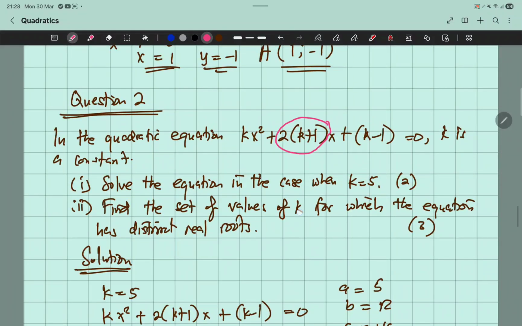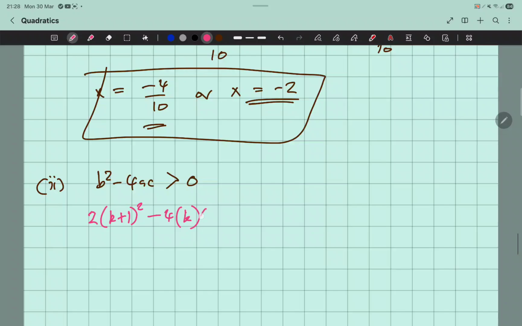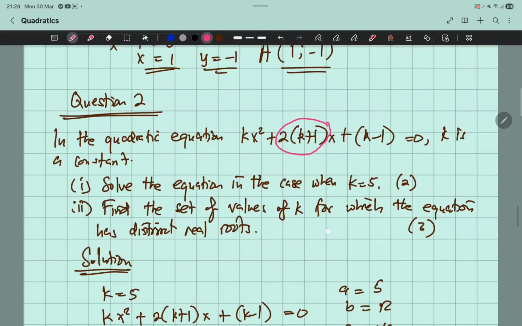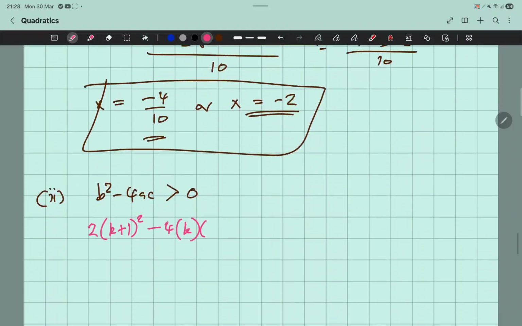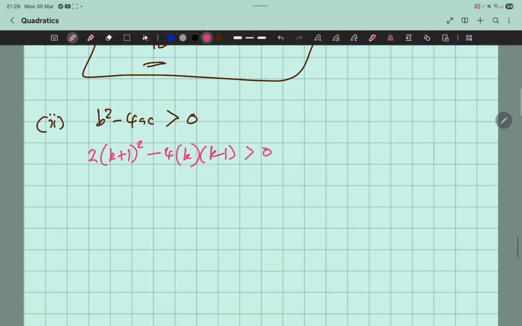What is our a? Our a is k. Our c is k minus 1, all that greater than 0.